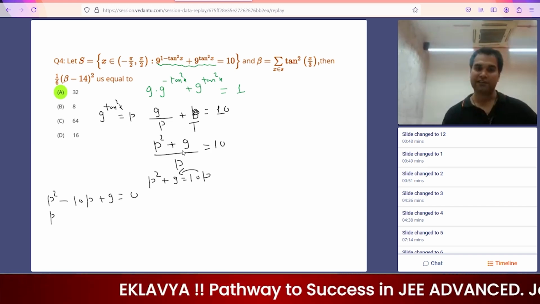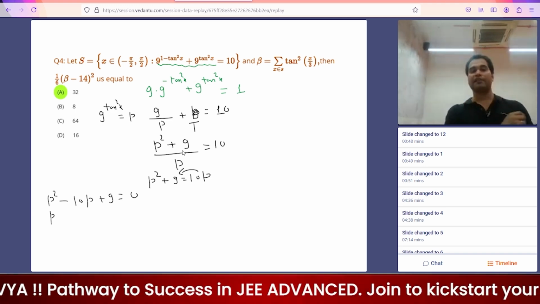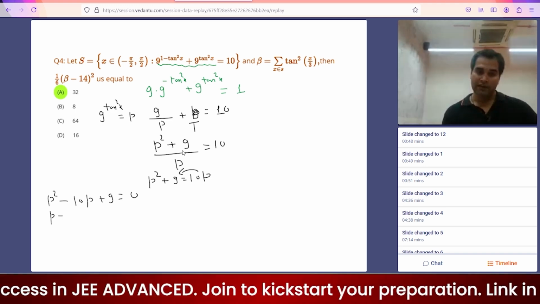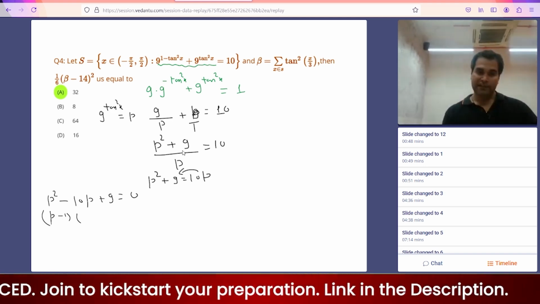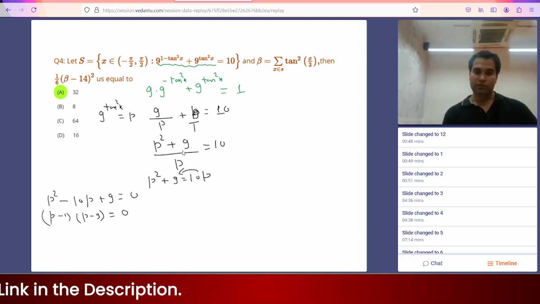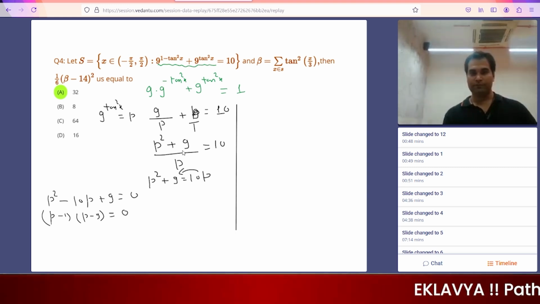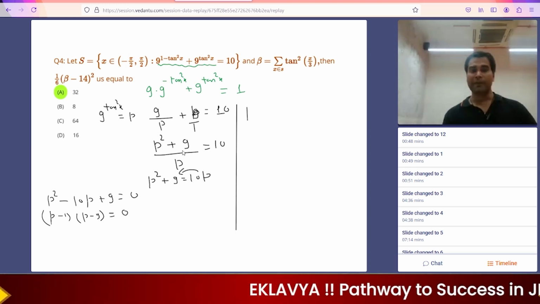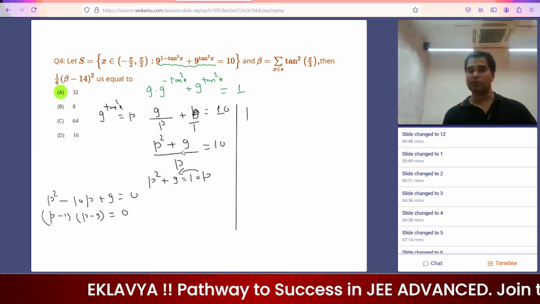Now factorize. Here the factors are minus 9 and minus 1. This means p minus 1 and p minus 9 equal to 0.